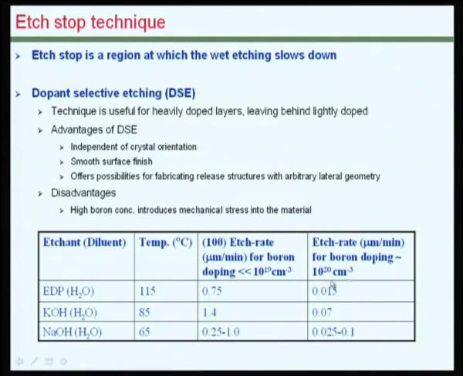So, the etch rate would be significantly lower when EDP or KOH or even sodium hydroxide, aqueous solutions of these, are used for etching silicon.